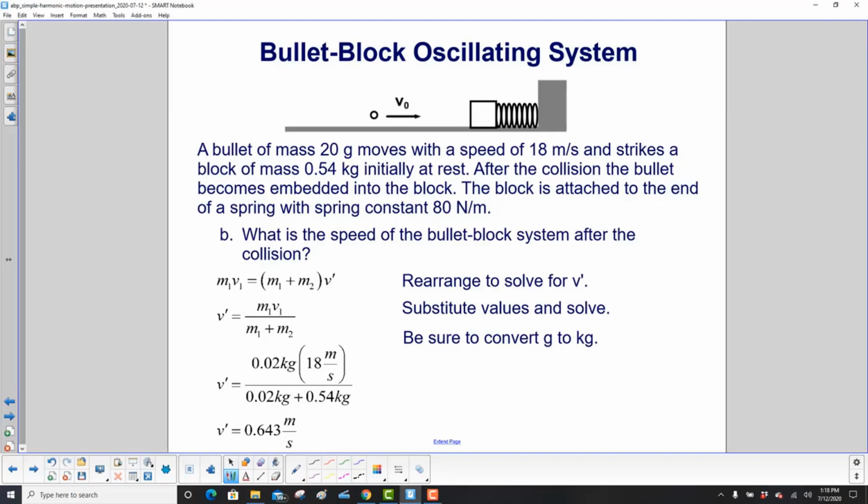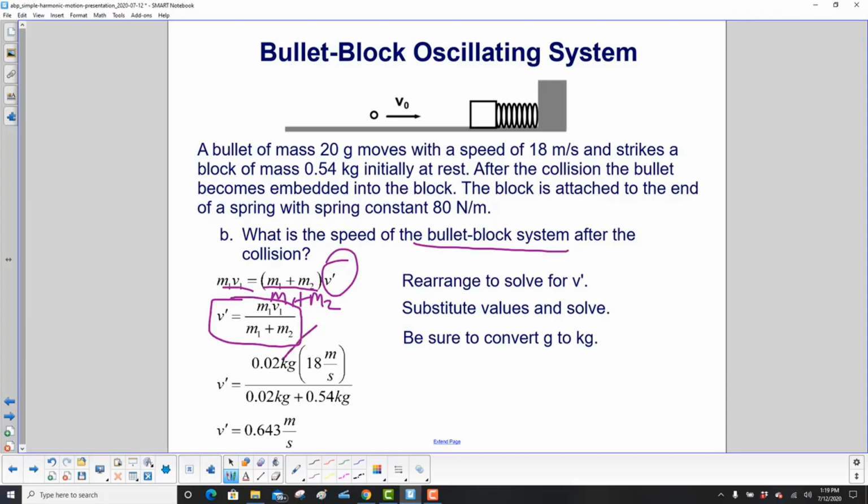Now we want the speed of the bullet block system after the collision. So that's v prime. So it's real easy to do this one. Divide both sides by m1 plus m2. Same thing over here. Kind of ran out of room. But we get v prime is m1 v1 divided by m1 plus m2.